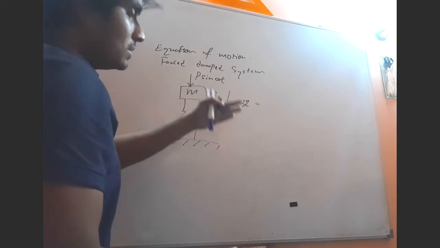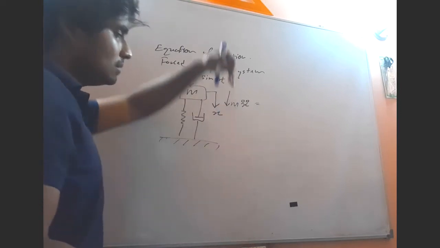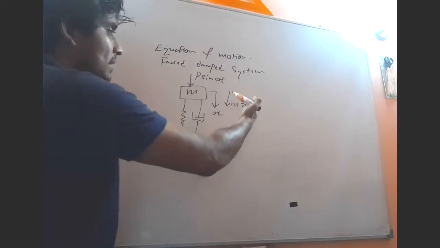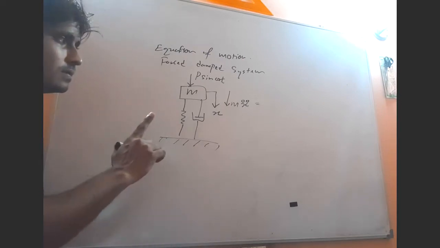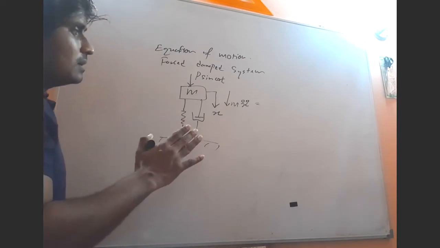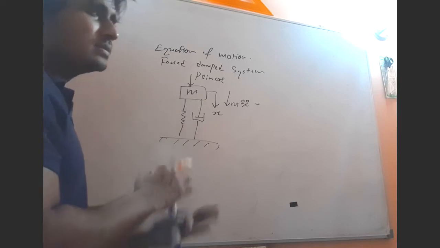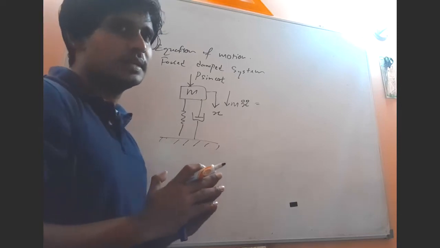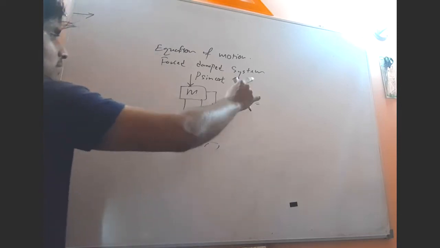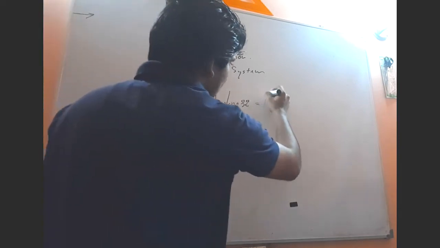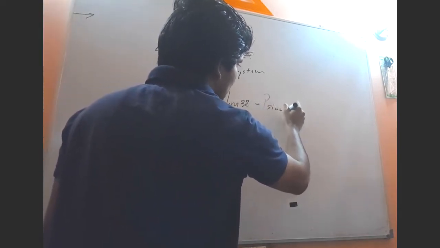The resultant motion is acting downwards, so that equals, now all the forces acting downwards are considered positive forces. So m x double dot equals P sine omega t, which is downwards.